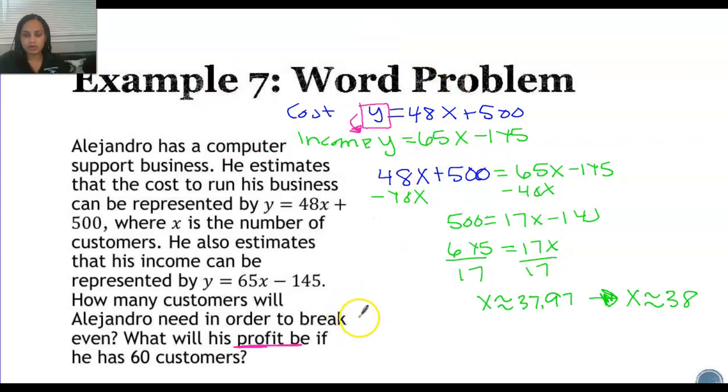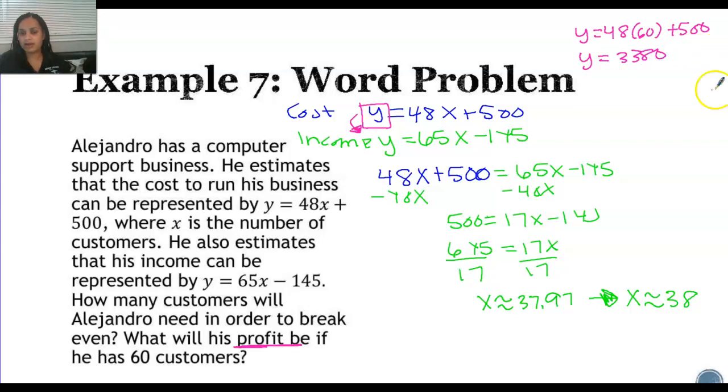What will the cost be if there's 60 people? 48 times 60 plus 500. And I worked that out and I got 3,380. That would be the cost of serving 60 people.